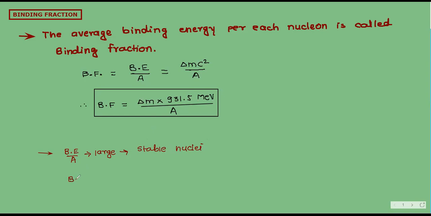If binding energy per nucleon is small, that is unstable nuclei. How is it? Large, that is stable nuclei, small, unstable nuclei. Got it? So note down this binding energy per nucleon, that is binding fraction. Note down fast.